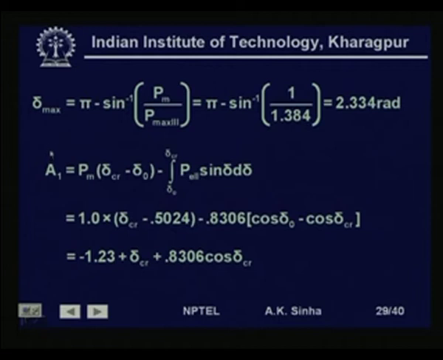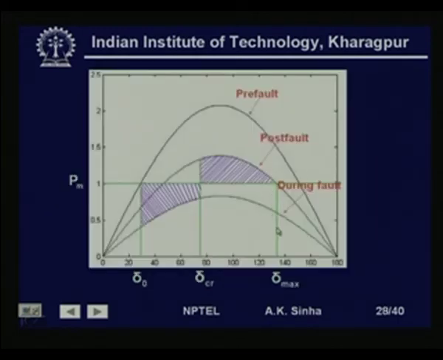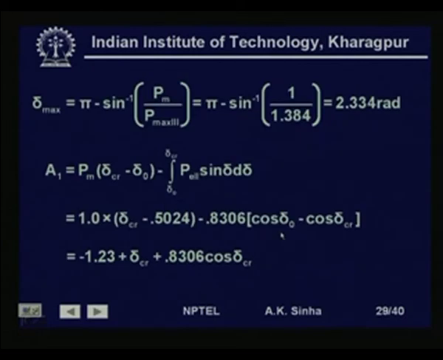So, again using the same relationship that we had developed earlier, delta max is equal to pi minus sin inverse P m by P max 3. So, this is pi minus sin inverse 1 by 1.384, which is equal to 2.334 radians. That is, here delta max is 2.334 radians.